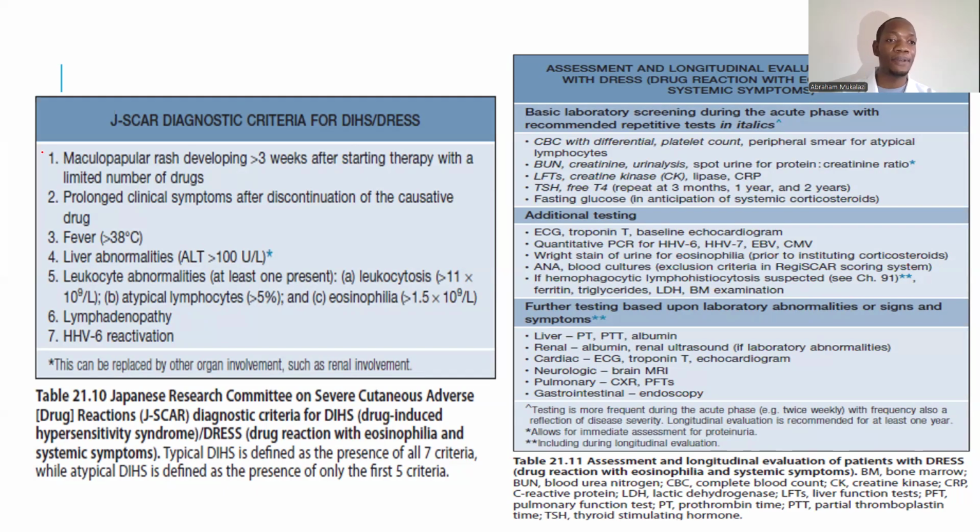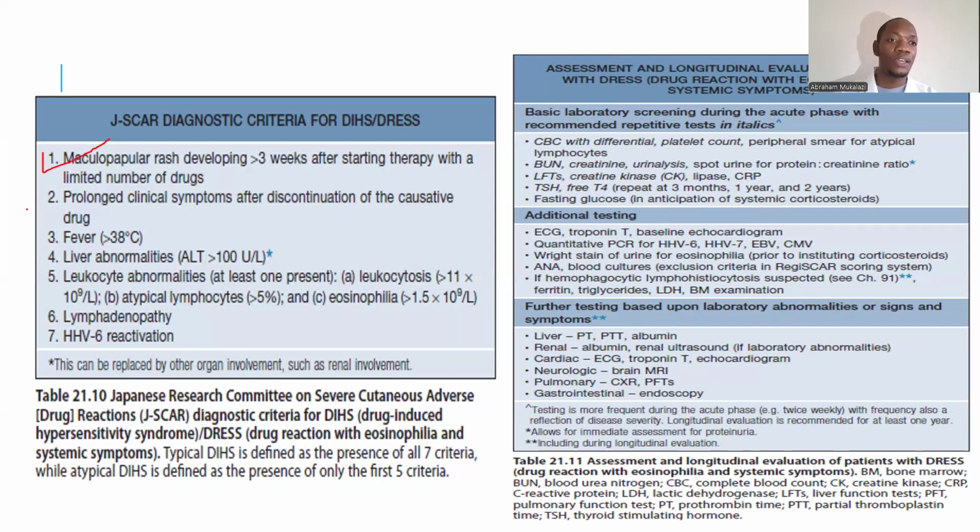So the first feature is that someone should have a maculopapular rash that usually develops more than 3 weeks after you've initiated the therapy. So if you give your drug today, 3 weeks later the patient gets a reaction, then you come and tick that one as positive. All right. But you said that since it is a delayed hypersensitivity reaction, the range is between 2 weeks to 6 weeks after you've initiated your treatment.